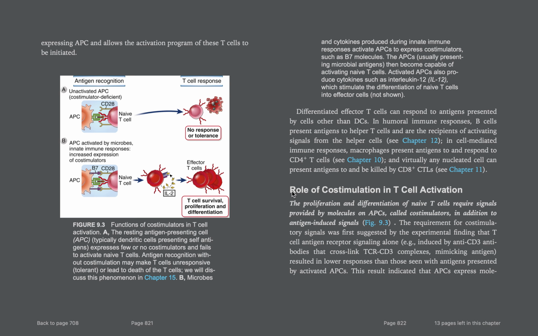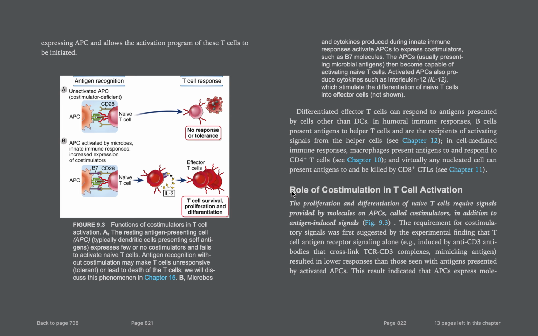The requirement for costimulatory signals was first suggested by the experimental finding that T cell antigen receptor signals alone, induced by anti-CD3 antibodies that cross-link the T cell receptor CD3 complex, mimicking antigen, resulted in lower responses than those seen with antigen presented by activated antigen-presenting cells.